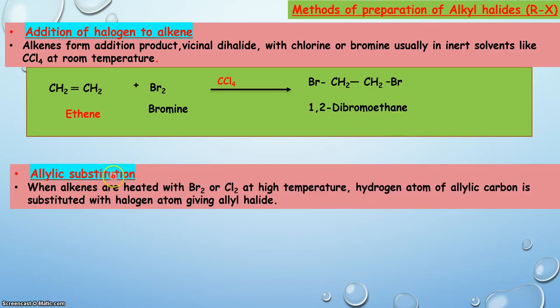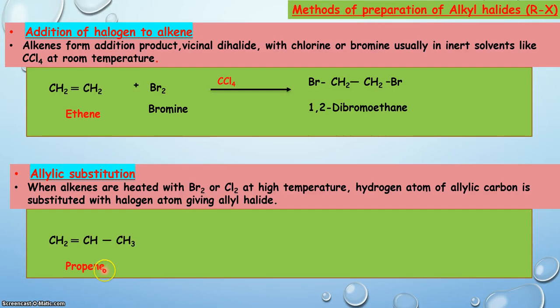The next reaction is allylic substitution. When alkenes are heated with Br2 or Cl2 at a high temperature, the hydrogen atom of allylic carbon is substituted with a halogen atom, giving allyl halide. Here is the example: propene on reaction with bromine, or heating with bromine at 773 Kelvin.